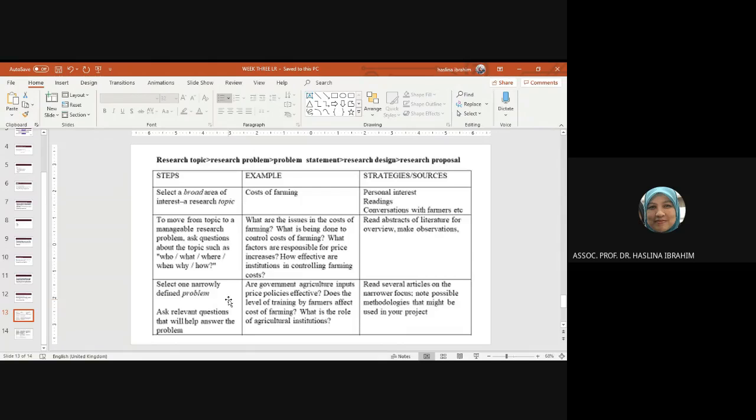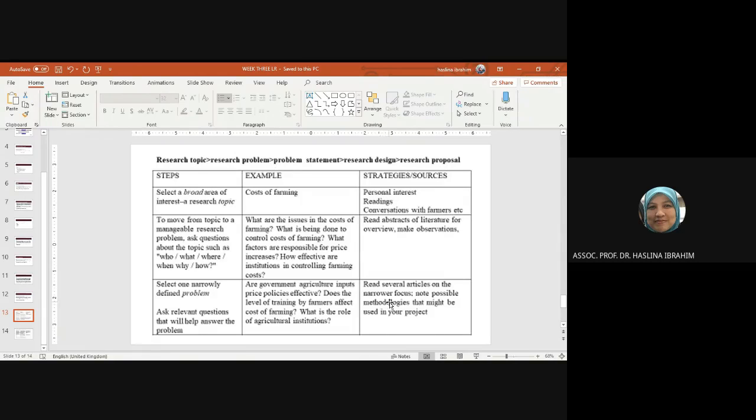And then, like I said, you have to narrow down. Once you have the questions, you narrow down, and you are able to explain the problems and ask the relevant questions that will help answer the problems that you have. At this stage, you start trimming the questions.